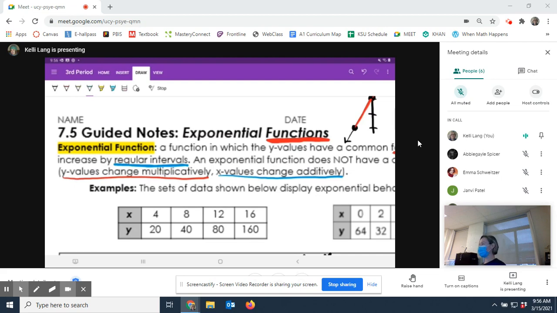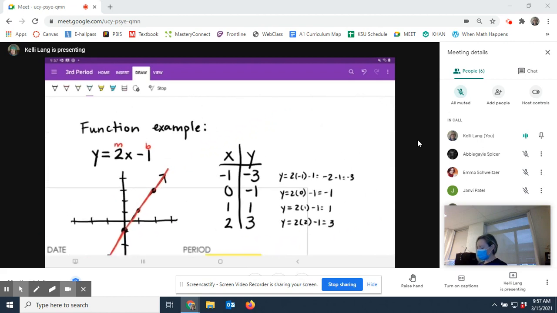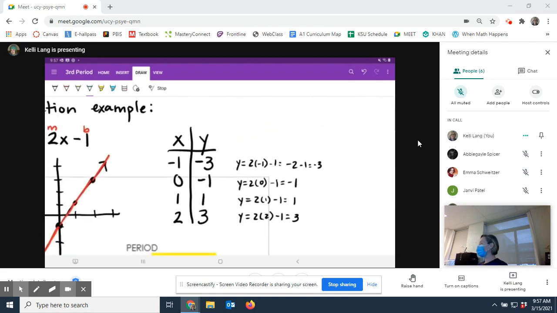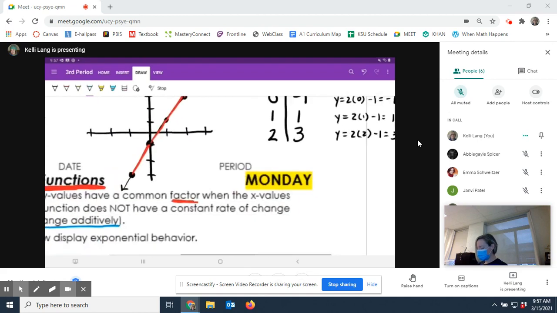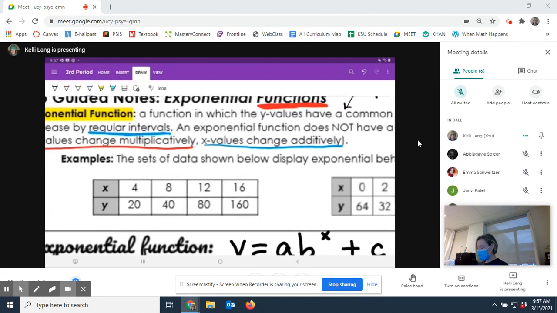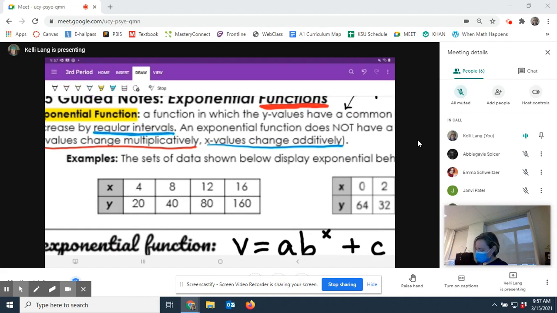So this first example on the left is a table, just like the table of values I made at the top for this linear equation we were looking at. We're going to pick some random x values, but we're going to pick x values that increase at regular intervals, okay? Notice the x values here increase by +4, +4, +4.